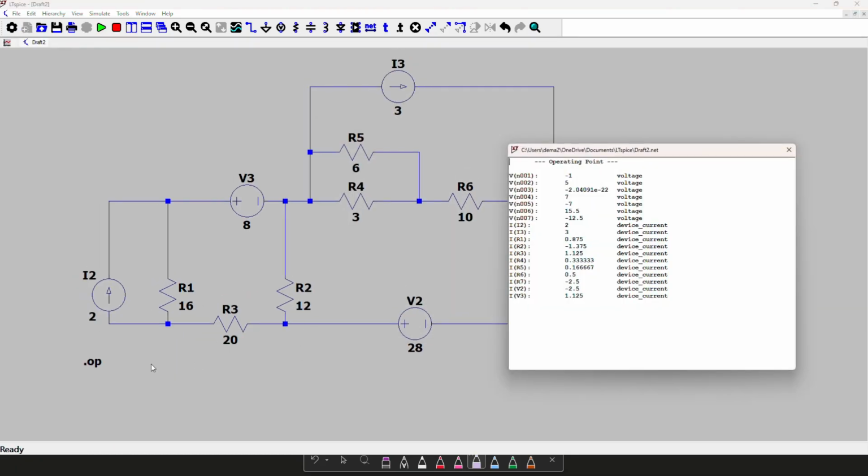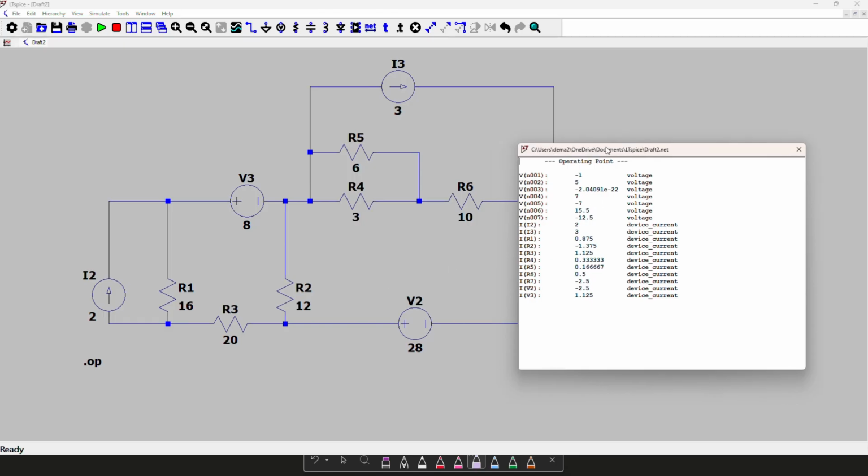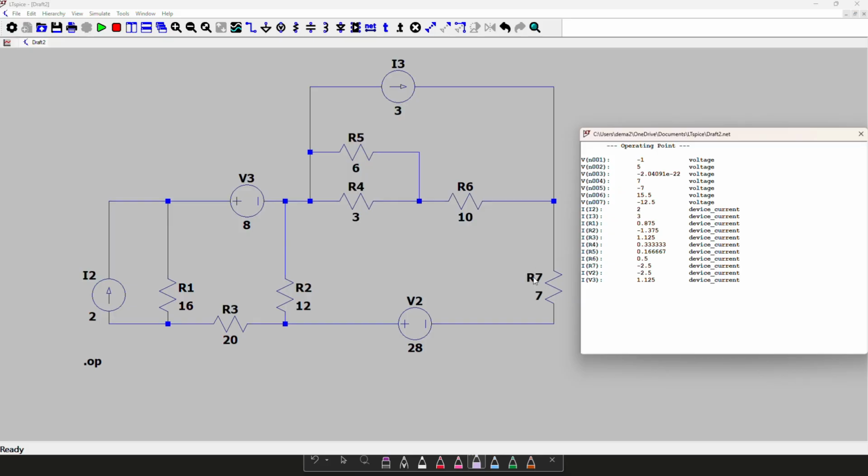And what's going to happen is it's going to populate a .op here. And it's going to spit out our values. And what we get here is that the current through this R7 or this 7 ohm resistor is this minus 2.5. And again, that just depends on how LTspice decided to analyze the circuit. But essentially, that just means that the current is going the opposite direction of this minus 2.5 of its analysis.